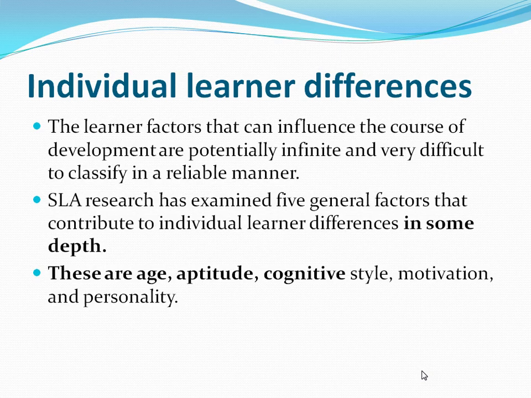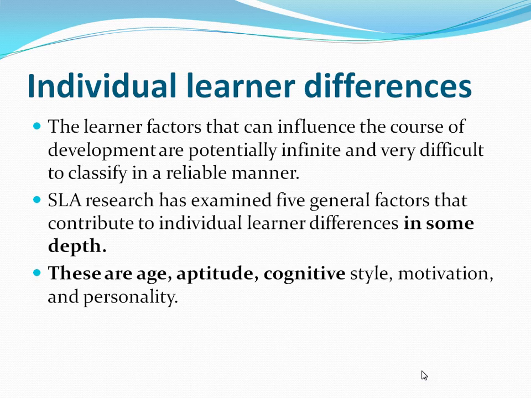The learner factors that can influence the course of the development are potentially infinite and very difficult to classify in a reliable manner. So you can't identify the difference. What can you say, sir, about the key difference? We can't identify, but there are some basic terms in which portion they may be different.